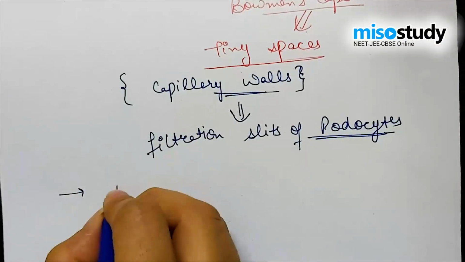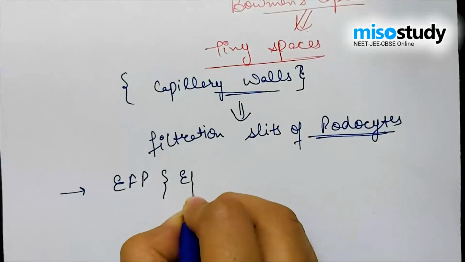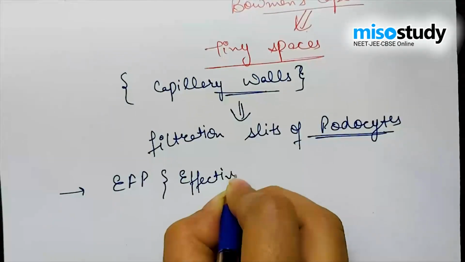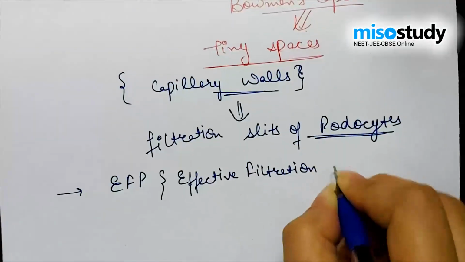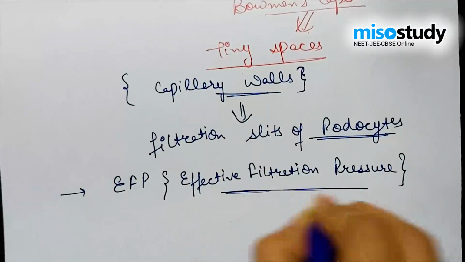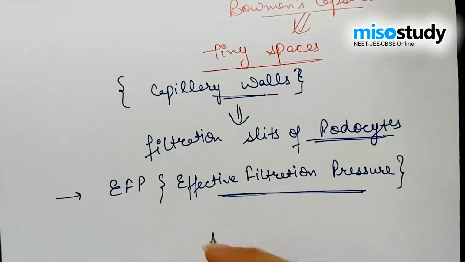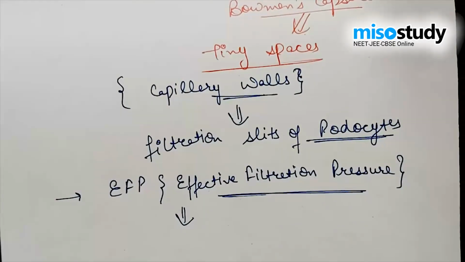Effective filtration pressure, the EFP, is determined by three types of pressure.